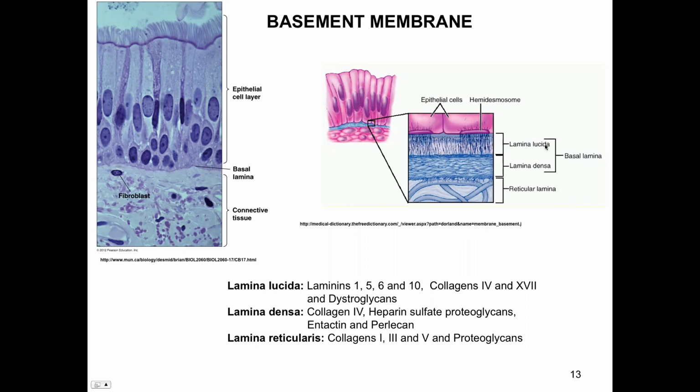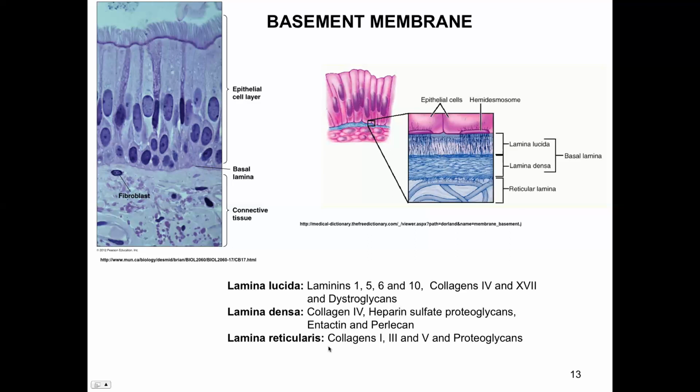All right, so here you can see that this basement membrane isn't just a generic layer of connective tissue. It's a very specific structure. And you'll see here that there's actually very specific types of proteins in each layer, right? So you've probably heard of collagen before, but you might not realize that there's different forms of collagen, all right?